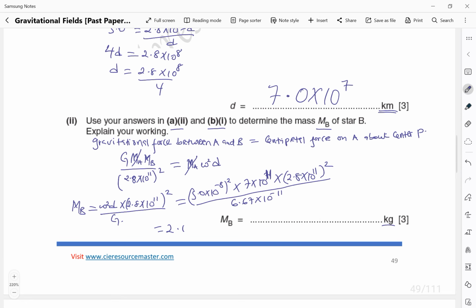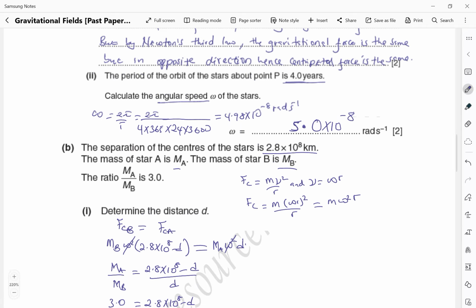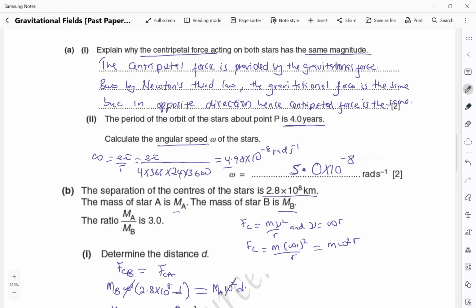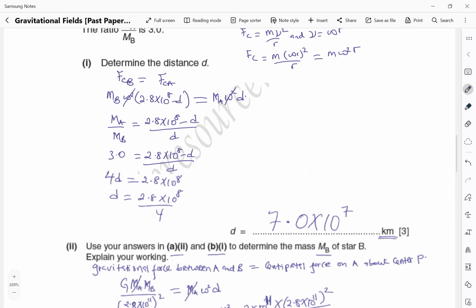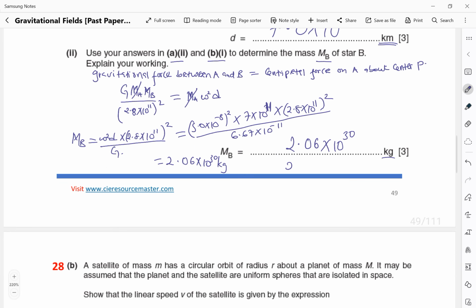So 2.06 times 10 to the power of 30. You can write 2.1 or 2.06 times 10 to the power of 30. Of course, if you had used omega as 2.98, you may end up getting 2.0 times 10 to the power of 30 kilograms, depending on how you round off, but this is still correct.